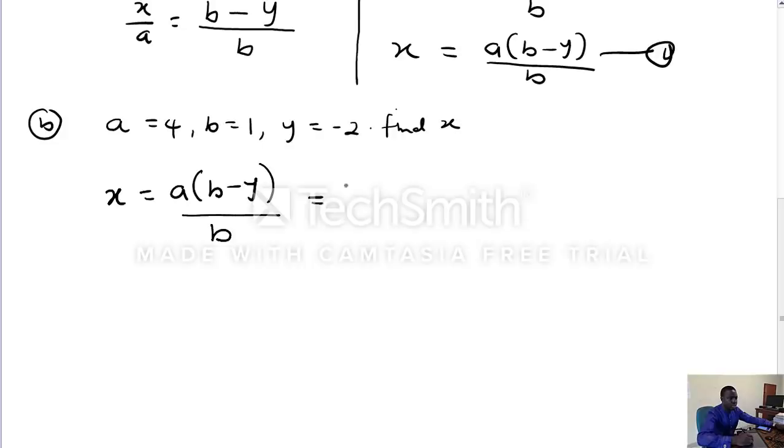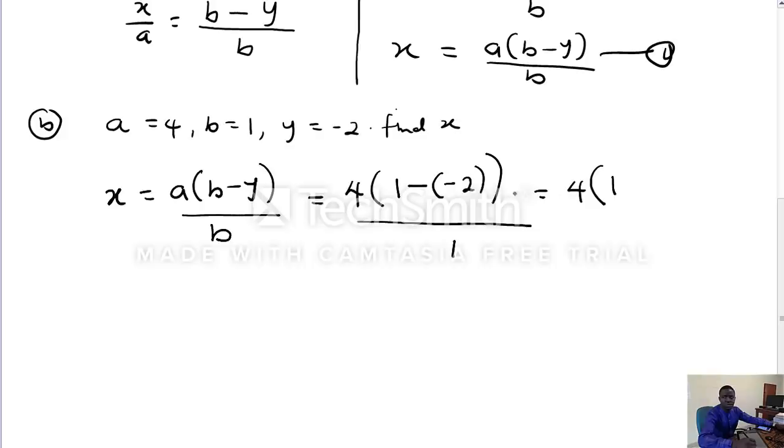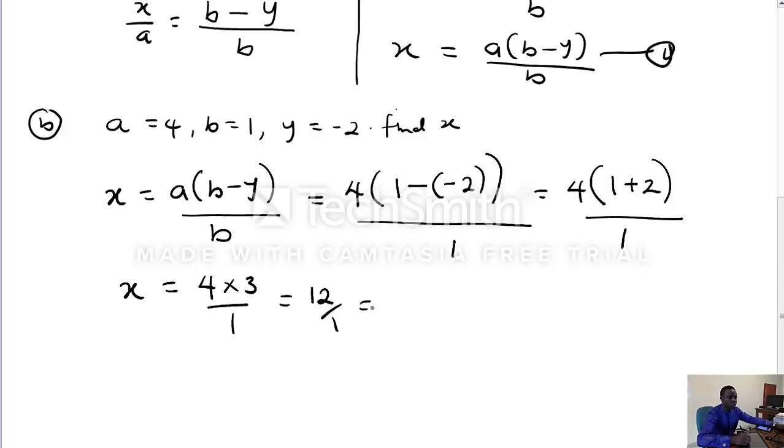When you substitute directly, you're going to have 4 into 1 minus minus 2, all divided by b, which is 1, and this is equal to 4 into bracket 1 minus minus 2, which says minus times minus will be plus, so it therefore means 1 plus 2, all divided by 1, which is still the same thing as the expression at the numerator, so that x is equal to 4 times 1 plus 2 is 3 divided by 1, which is equal to 12 over 1, and 12 over 1 is 12.